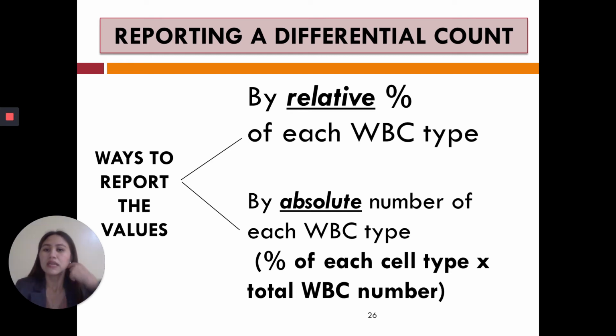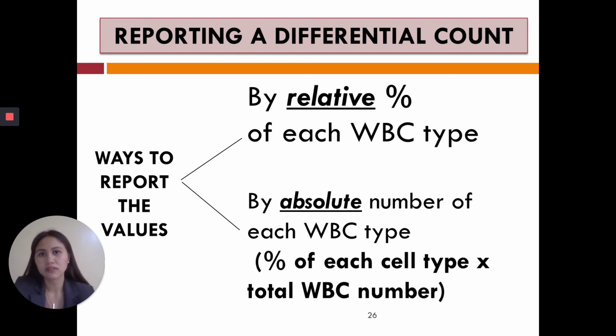For you to be able to know the absolute count per WBC type, you also need to know the total WBC count. Previously, your laboratory teacher discussed how to perform the WBC count, right? So for the absolute number of each WBC type, you need the value of the total WBC count.